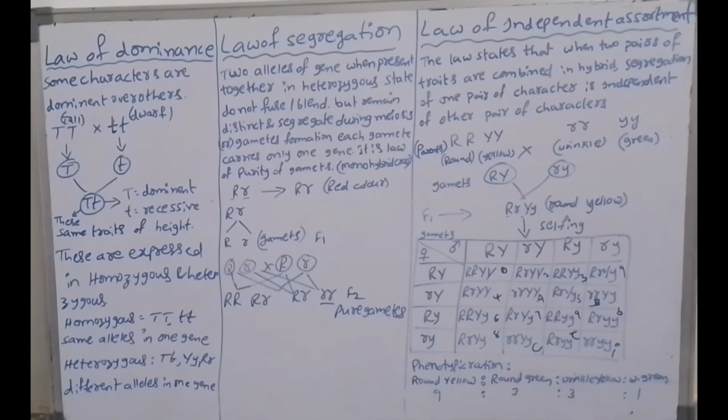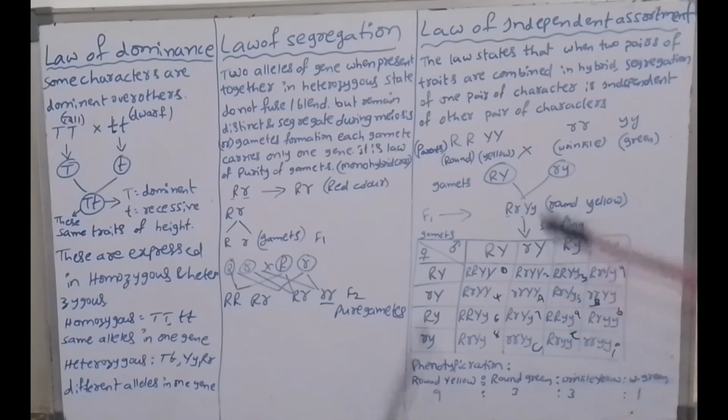Next one, round green plants: round means capital R, small y means green. These plants are 3. Wrinkle yellow: wrinkle means small r, yellow means capital Y. So small r capital Y, A; small r capital Y, B; next small r capital Y, C. Next wrinkle green, small r small y, is one plant.